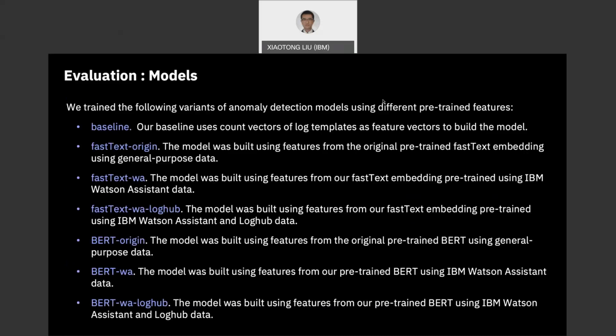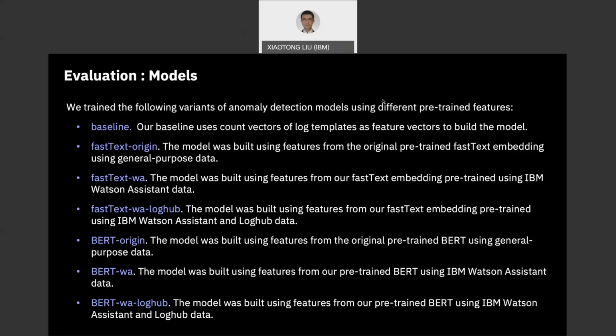So we train several anomaly detection models using different pre-trained features. Our baseline uses the vectors of log templates as the feature vectors to build the model. The fast-text origin model was built using features from the original pre-trained fast-text embedding using general-purpose data. The fast-text AA model was built using features from our fast-text embedding pre-trained using IBM Watson Assistant data.